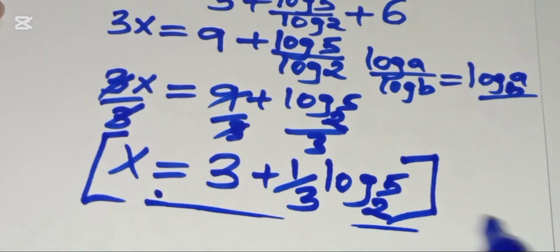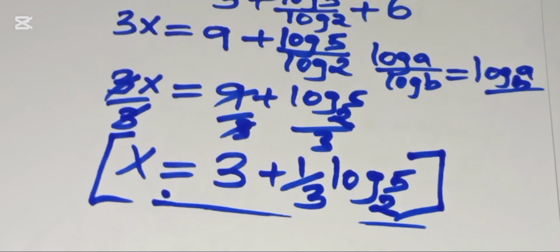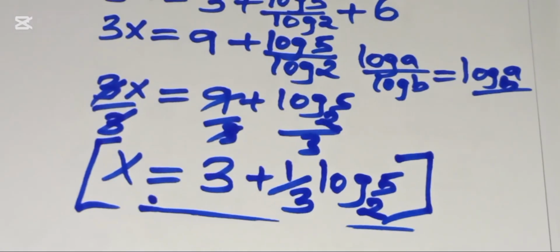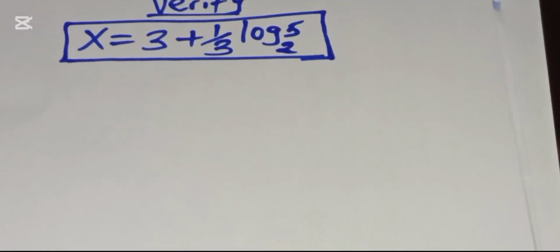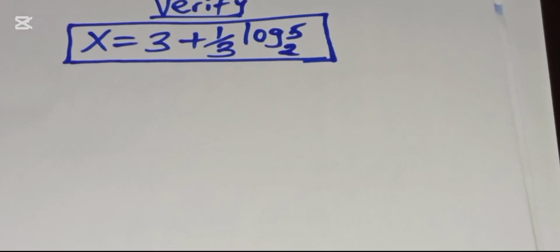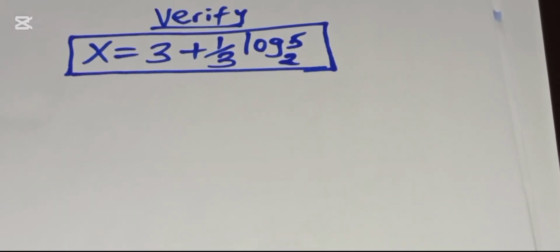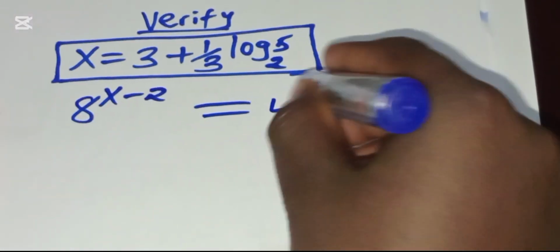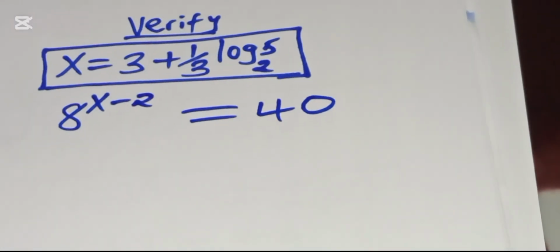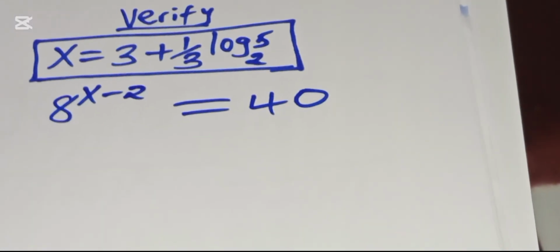Let's verify that this value of x, which is 3 plus a third log 5 to base 2, satisfies the equation. We have 8 raised to power x minus 2, which is supposed to give us a value of 40. Let's substitute the value of x.